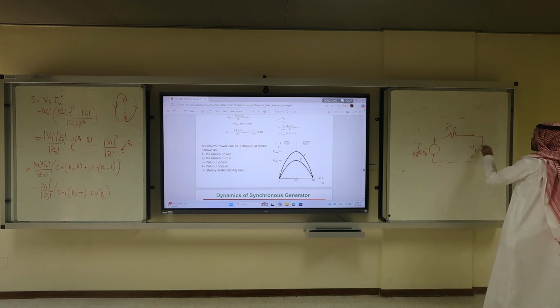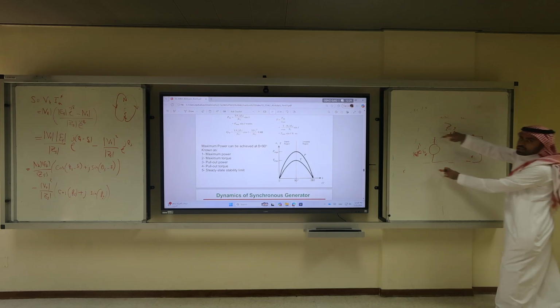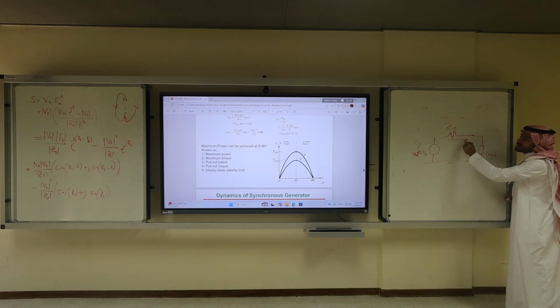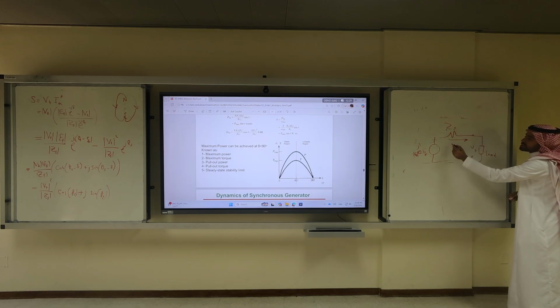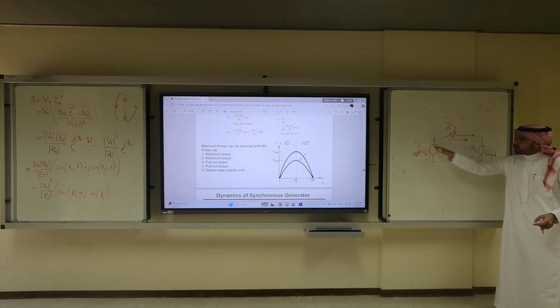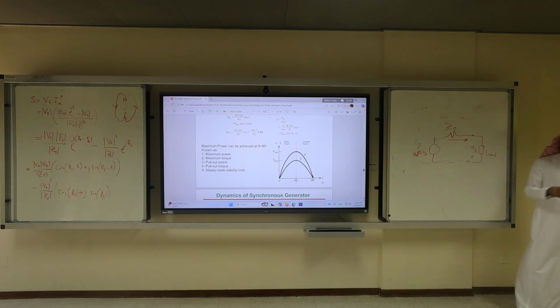If you add a load... If there is no load, Vt equals EF, delta is zero. The poles are aligned. The moment you add the load, a current flows. This current would change the delta. The only way for the current to flow is if delta is changing.